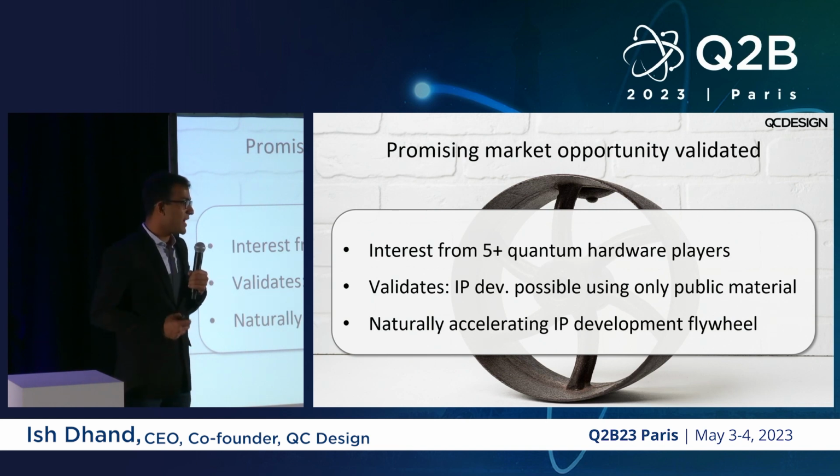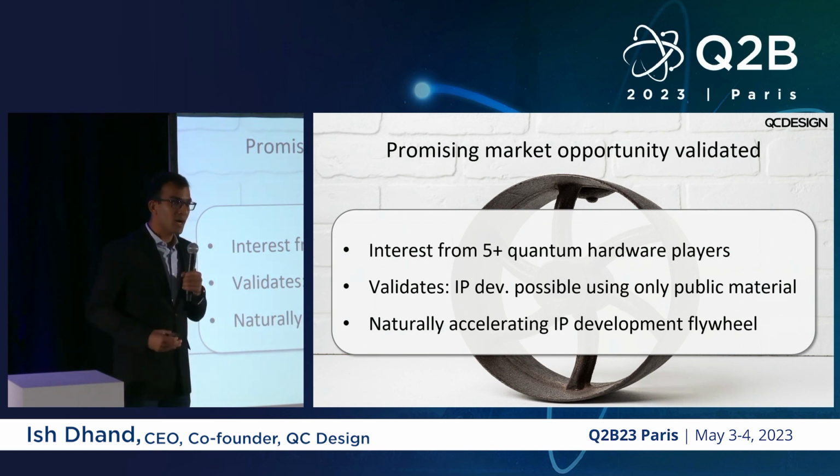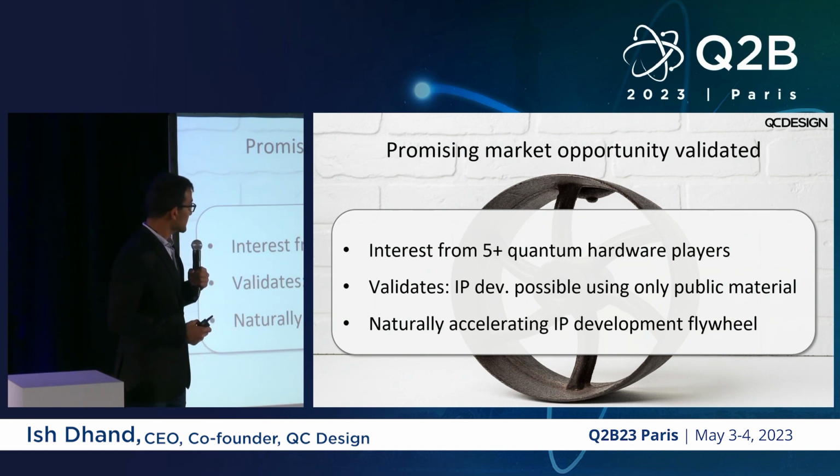The interest from over half a dozen hardware players validates that we can build useful architectures with access only to publicly available prior art. And with every new architecture that we make, we have access to tools that can address even more hardware imperfections. So the next architecture can be developed faster, but is also more useful to our customers. We really think that we have a promising market opportunity ahead of us today and into the future.